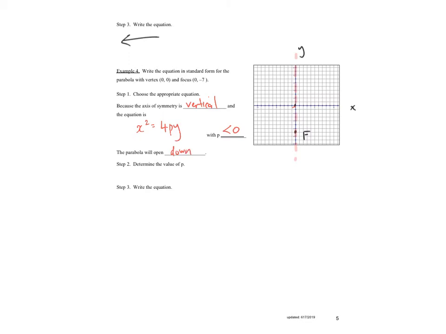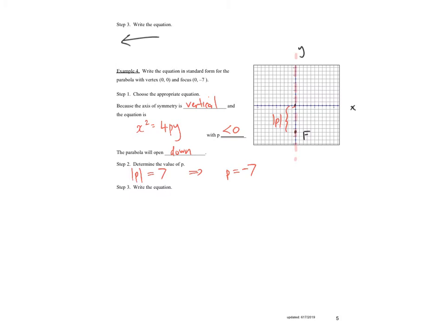Let's find the value of p. That is, at least in absolute value, the distance from the vertex out to the focus, which is 7. But remember, p was supposed to be negative, so we'll take p to be negative 7. What else can we add before we press on?